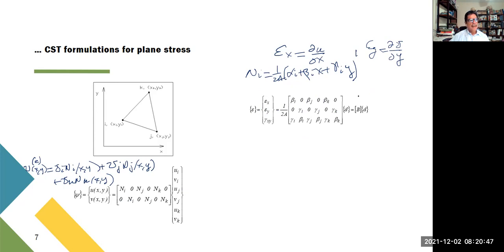And finally, gamma xy, it's du dy plus dv dx. So you differentiate this with respect to y. So this is the only term which survives, but it's multiplied by u. So that's why we put it in here, a gamma.